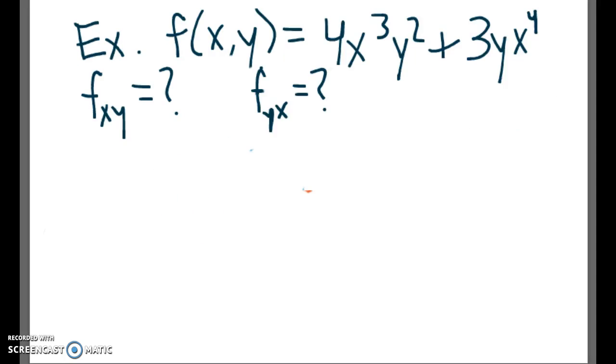So what's this look like? I'll give you guys a couple seconds to try this out on your own. And we're back. Alright, so let's take the x partial derivative first. And we know that that's 12x squared y squared plus 12y x cubed.